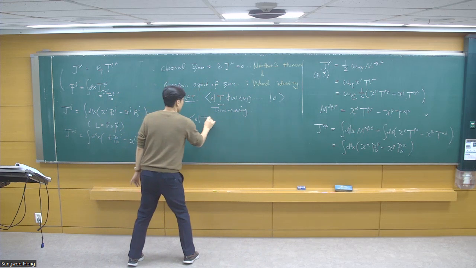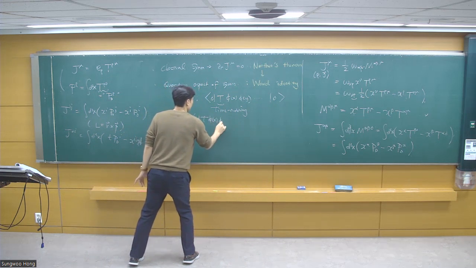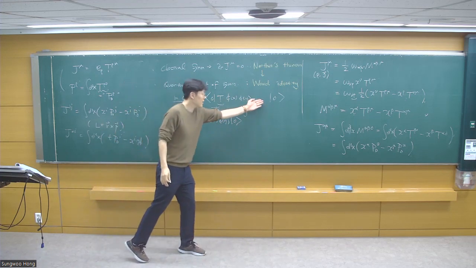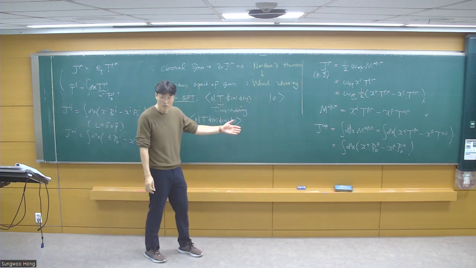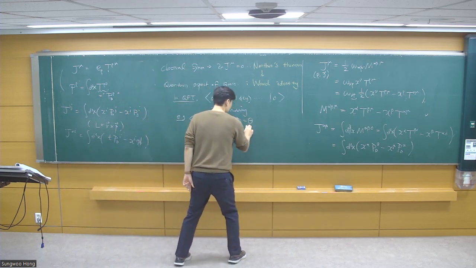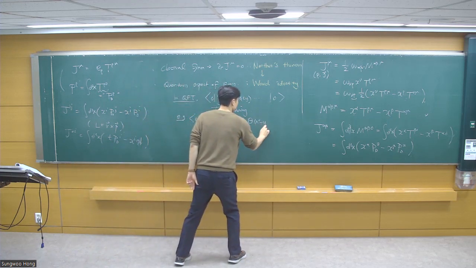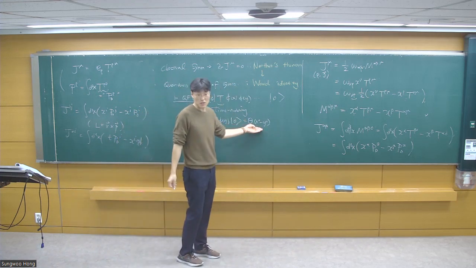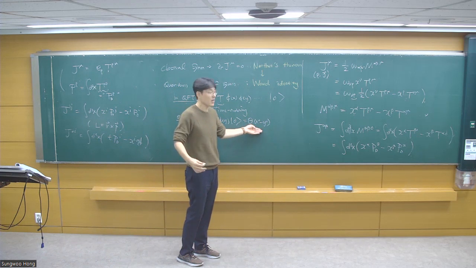This is the vacuum expectation value. First, let's look at the 2-point function. If you have n operators there, it's called the n-point function. This is time ordering. What does that mean? If the time of x is larger than that of y, that is what this expression means, right? This is non-zero only if x0 is larger than y0.